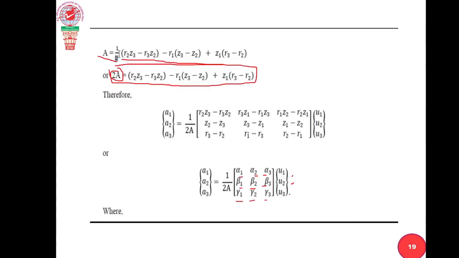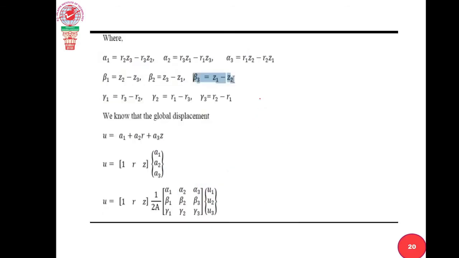Alpha 1 means R2 Z3 minus R3 Z2. Alpha 2 is R3 Z1 minus R1 Z3. Alpha 3 means R1 Z2 minus R2 Z1. Similarly, this is beta 1, beta 2, beta 3, and this is gamma 1, gamma 2, gamma 3. This is very important.